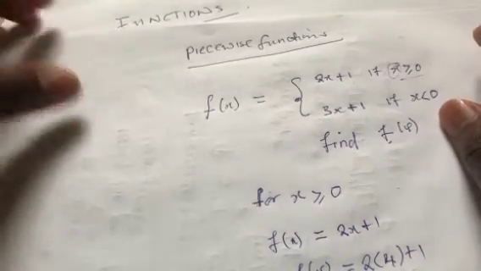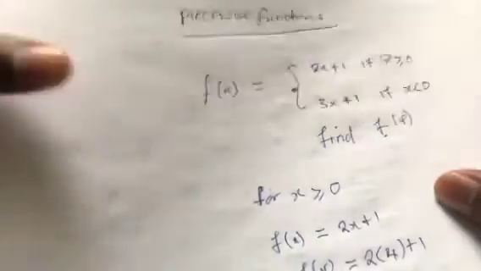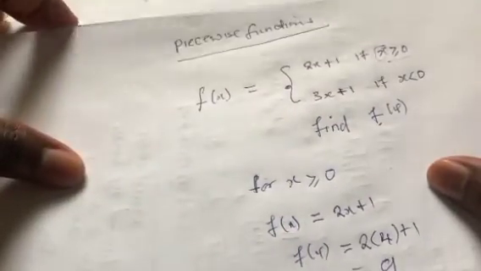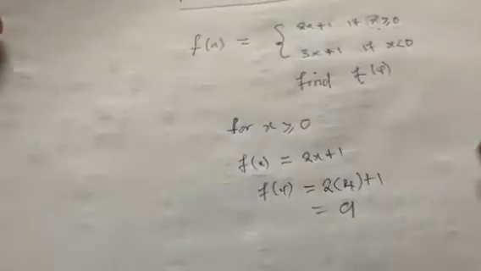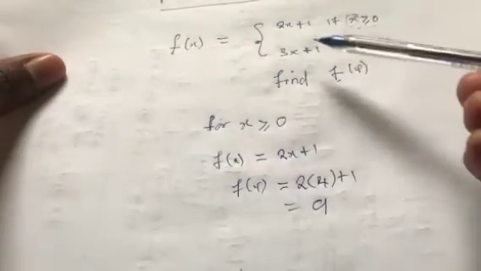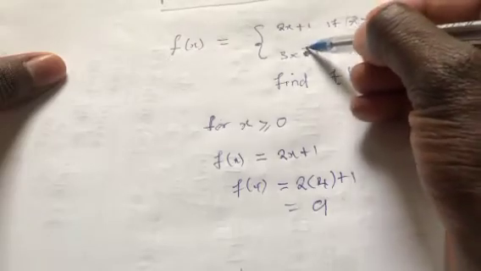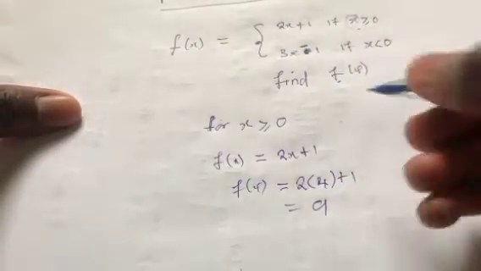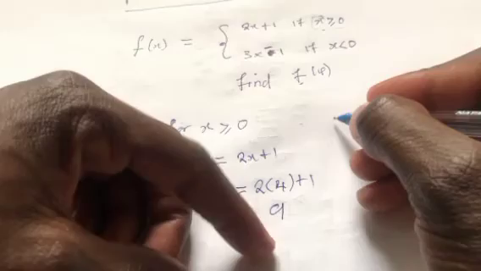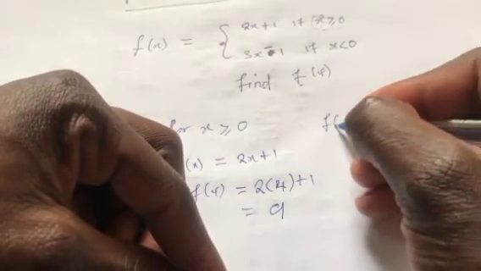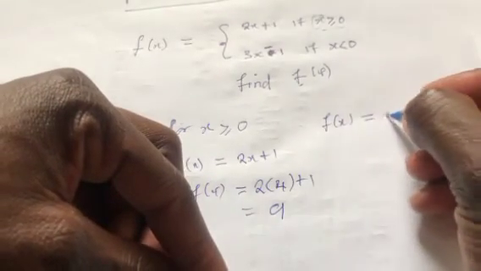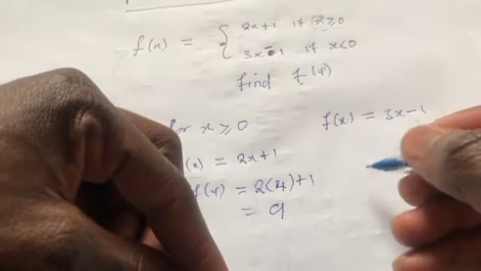Then whenever you try to go back to less than, you find that here we made a mistake. This must be negative, just like this. So you find that we are going to have something like this: f of x equal to 3x minus 1.